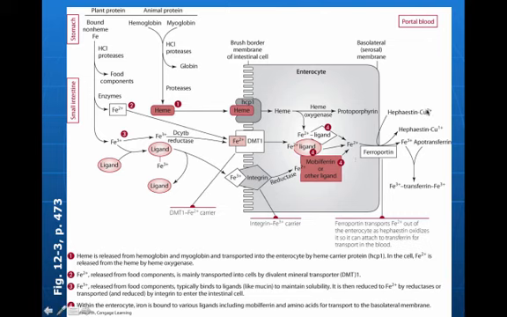So when hepcidin binds ferroportin, it triggers its release from the basolateral membrane, ferroportin goes intracellular and is degraded. So when iron levels in the liver go up, hepcidin, the hormone, is released. That decreases ferroportin activity. More iron stays in the enterocyte and is lost in the feces. That's an important feedback point.